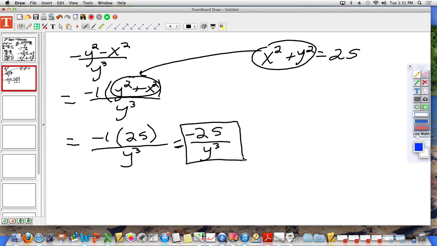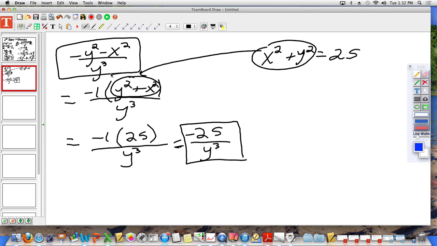Now, let's talk about what would happen. Let's say you kept going and going and going, and let's say you got to this. Let's say you stopped there. You didn't realize that inside of there was a 25. I'm fine with that. You are not going to fail the test because you didn't know that. But if you find it, good, do it.